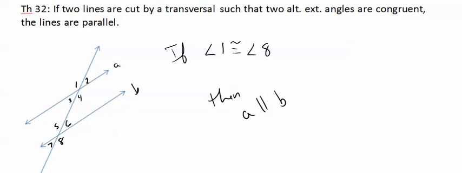So in this case, if the given was angle 1 is congruent to angle 8, since they are alternate exteriors, then again, line A would be parallel to line B. Again, there are two pairs of alternate exteriors, so it could also be used for angle 2 congruent to angle 7, and that would also imply that the lines would be parallel. We can shorthand this with alternate exterior angles congruent implies parallel lines, just as we did with the previous.